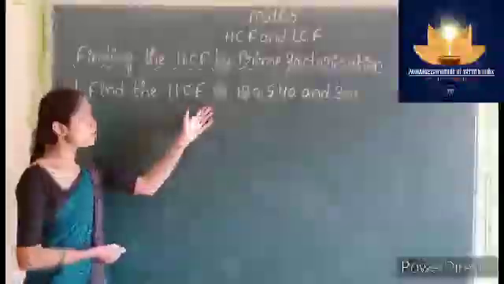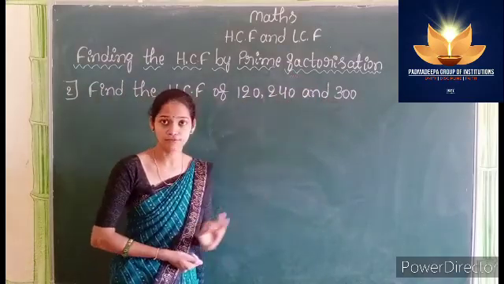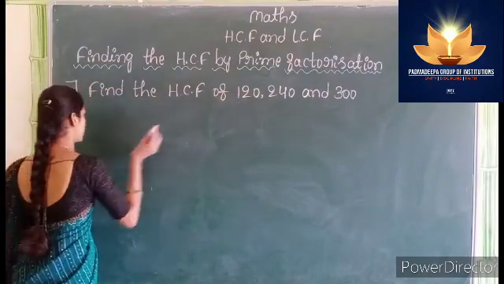Find the HCF of 120, 240 and 300 by prime factorization method. First we have to divide this 120.